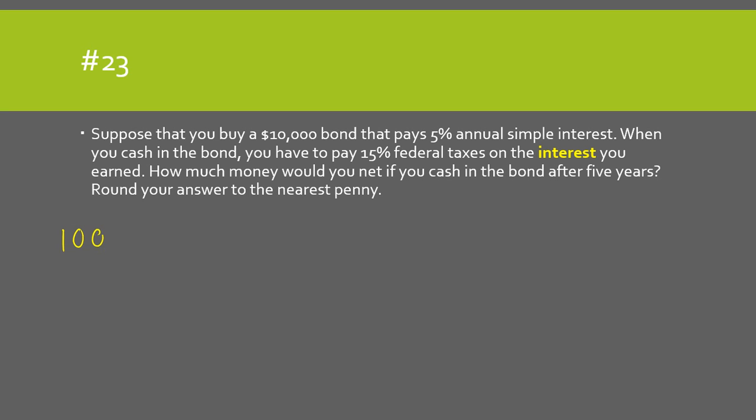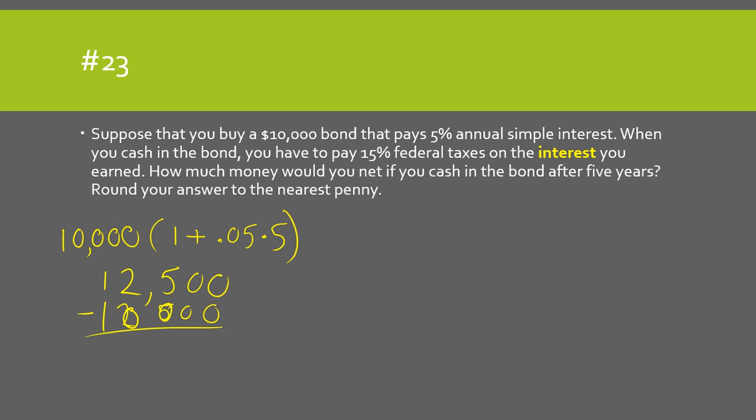So we take our 10,000 and we're going to multiply it by 1 plus 0.05 times 5. And that gets us around 12,500. Okay. So now how much did we gain in the interest? Because that's what we have to take out of our federal tax.